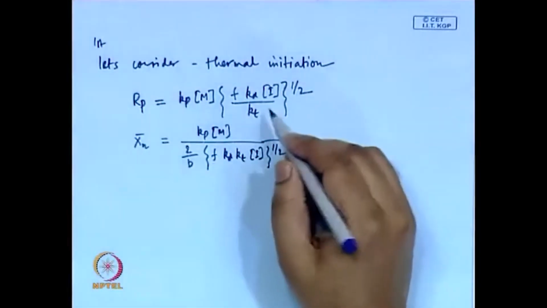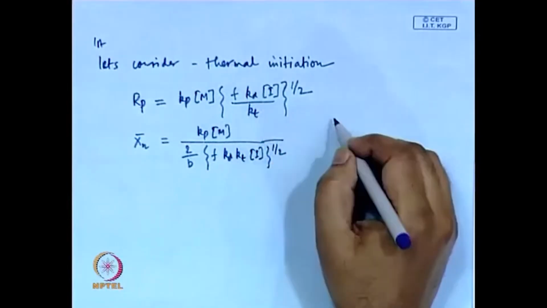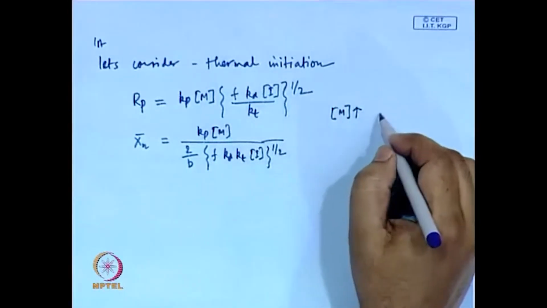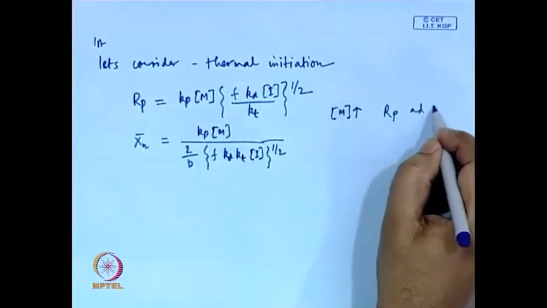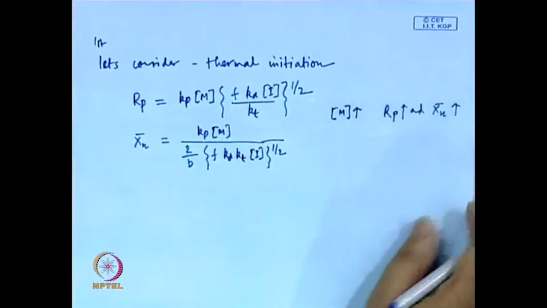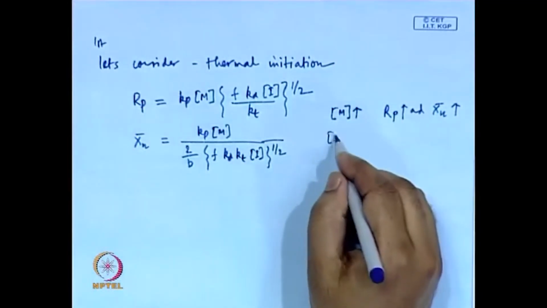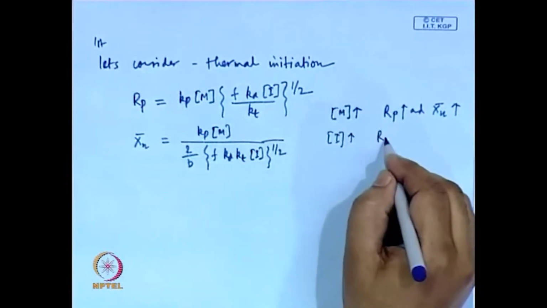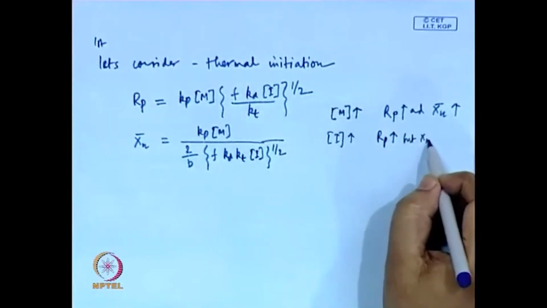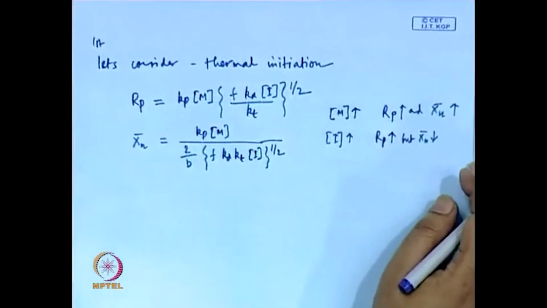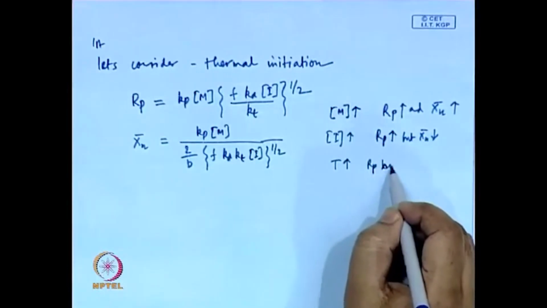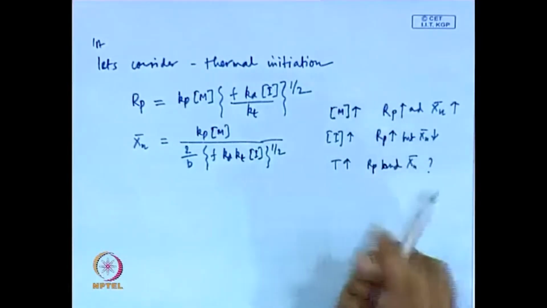If you look at the equations a little carefully, you can find that if the monomer concentration increases, both Rp and the number average degree of polymerization, which is the molecular weight, increase. If the initiator concentration increases, then Rp goes up, but Xn bar, or the molecular weight, comes down. So, what is the effect of temperature on Rp and Xn is what we are going to discuss now.